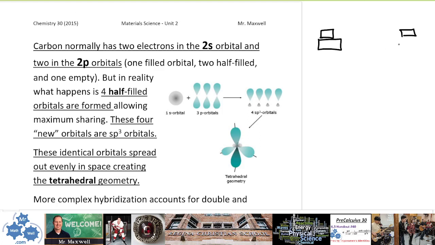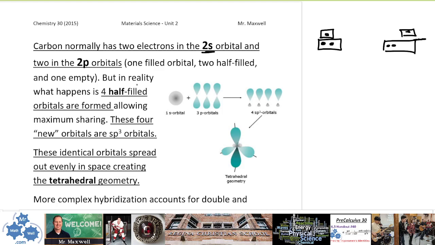So carbon is over here somewhere, right? In the 2s orbital, we normally have 2 electrons here, and 2 in the 2p, 1 here, 1 there. 1 filled orbital, 2 half-filled, and 1 empty.